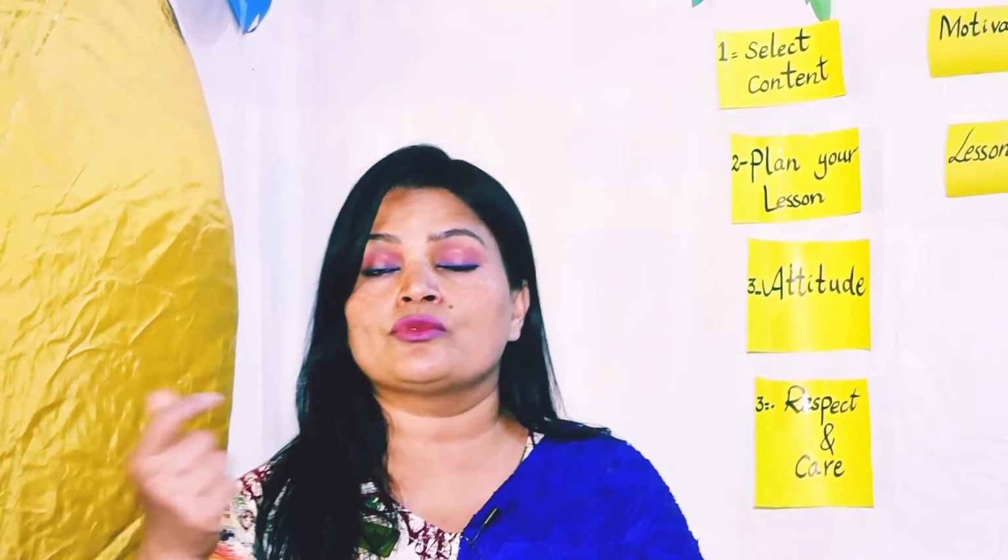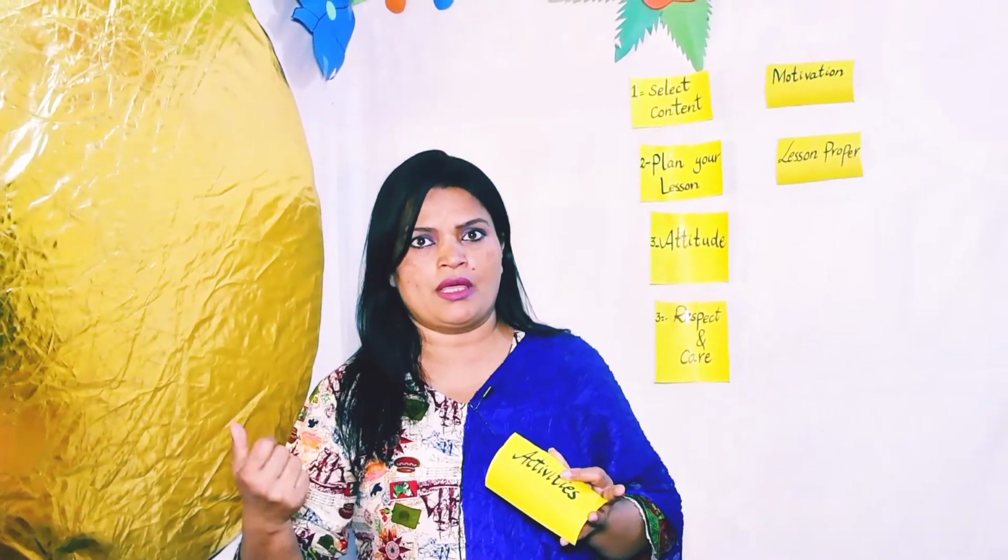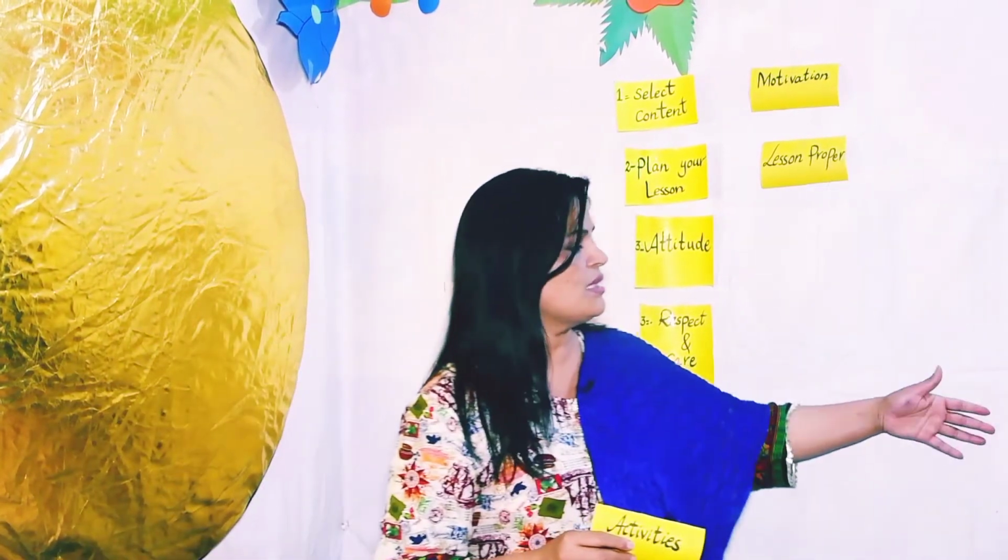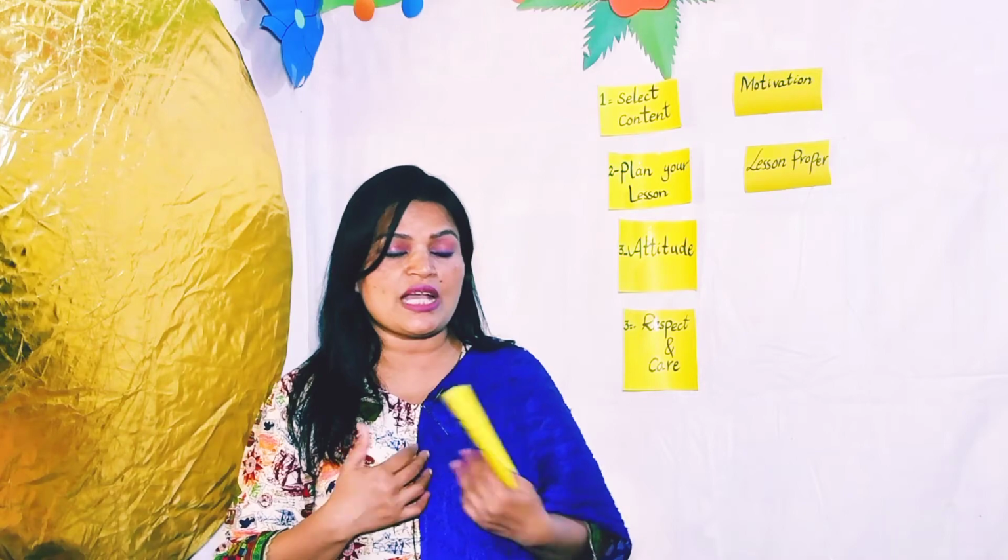So when I come to this line, Peter helped Jane, children go around the class, search for the word help. He or she will pick it up and then put it on the board. This is the activity. You can create another activity, because we are teachers, we are creators also, right?